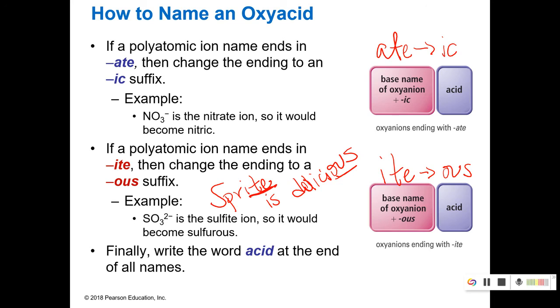So Sprite is delicious. The ite goes to ous. Everything else is an ic acid. What is important to note also is there is no hydro when oxygen is present. Okay, there are some polyatomics that have hypo, but hydro and hypo are different things.